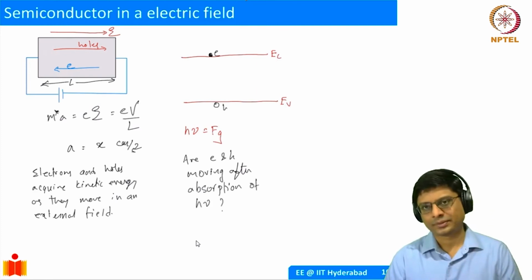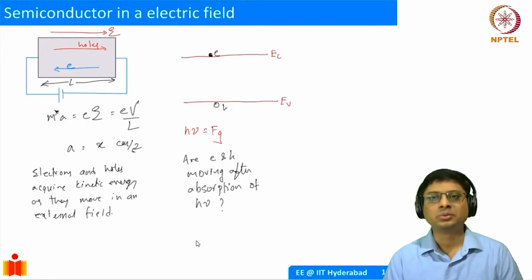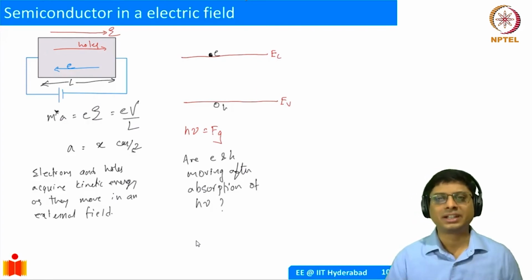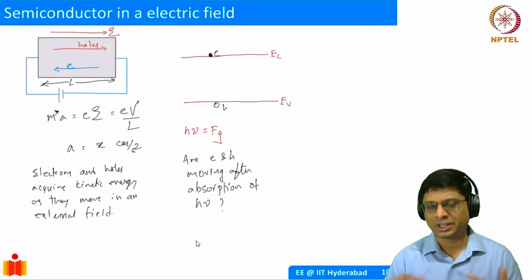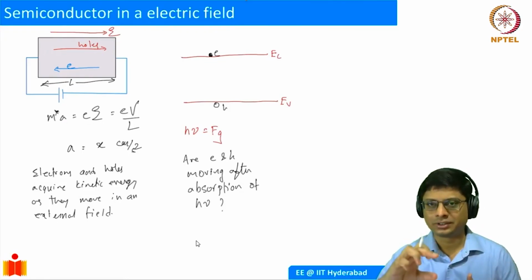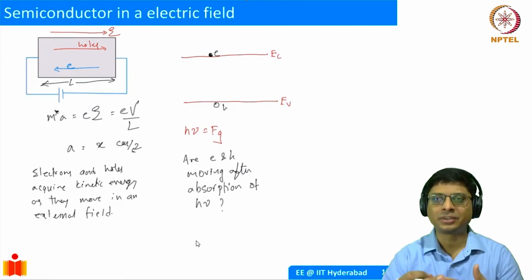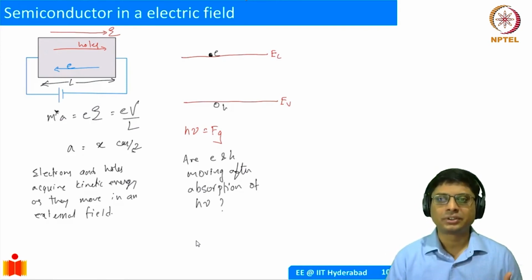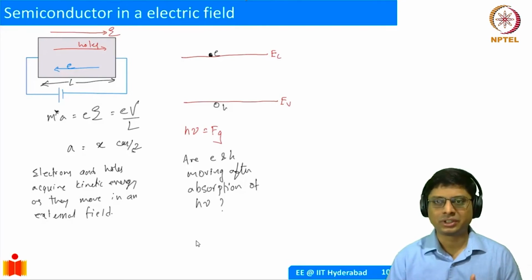This is a question. Well, it turns out that they cannot move. The reason is initially the electron was bonded to the lattice, so the electron was not moving, and it absorbed the energy of h nu, and that was spent in breaking the bond. So it went to the conduction band, but then it doesn't have any more energy, right? Energy has to be conserved. So initial energy was zero; it was not moving.